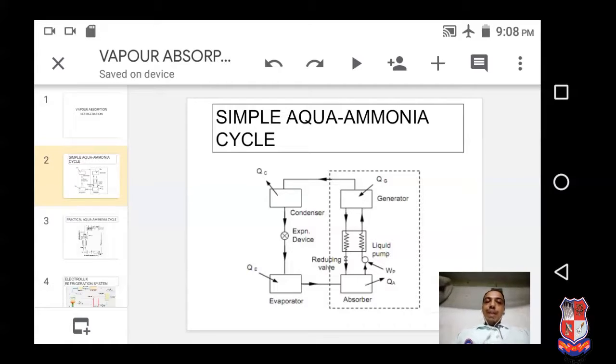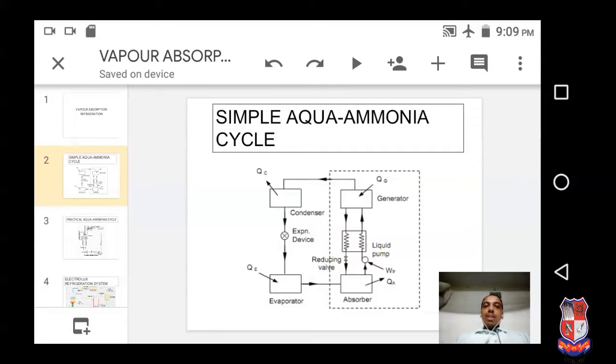We maintain the absorber temperature around 12 to 13 degrees Celsius, because at that temperature we get maximum absorption. Now what is the temperature of the generator? We maintain it around 77 to 83 degrees Celsius. At that temperature ammonia is separated from the water, and it is converted into high pressure high temperature vapor ammonia. Now this high pressure high temperature vapor ammonia passes to the condenser.